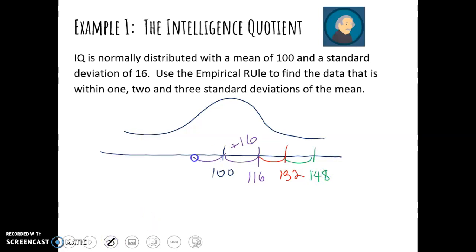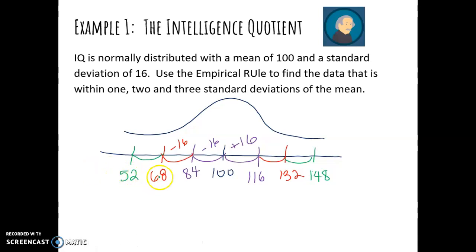If we go down 16, we get 84. That's minus 16. If we go down 16 more, we get 68. And if we go down 16 more, we get 52.